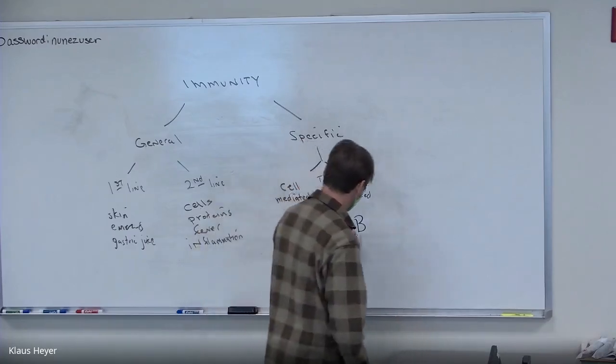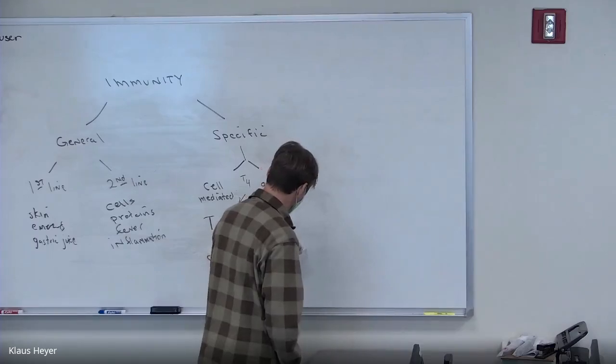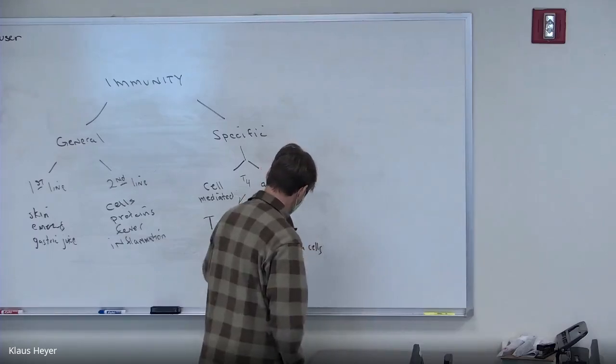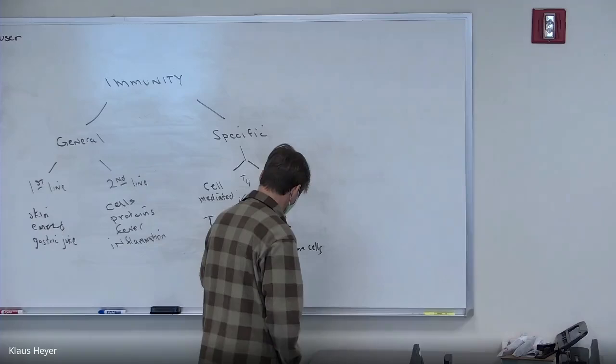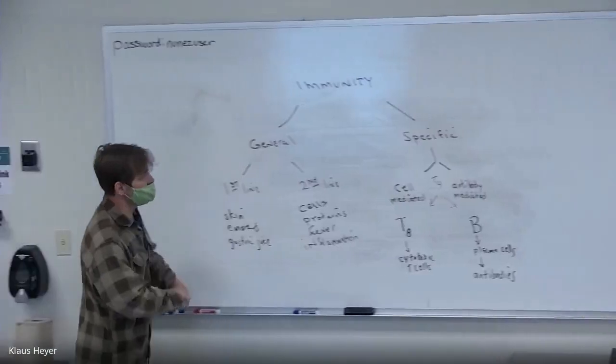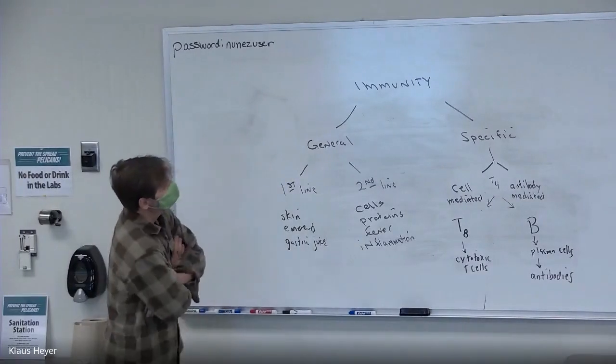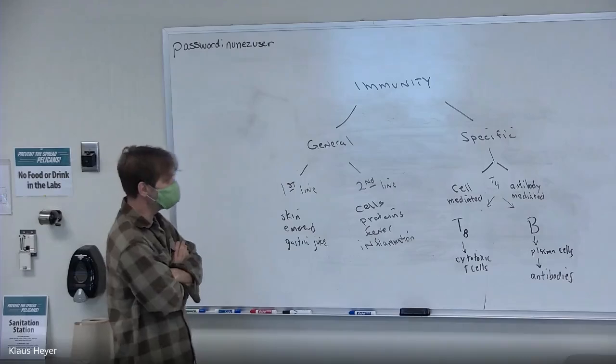B cells are going to become plasma cells. Now, plasma cells are going to secrete antibodies. That's kind of a flow chart of our immune system.